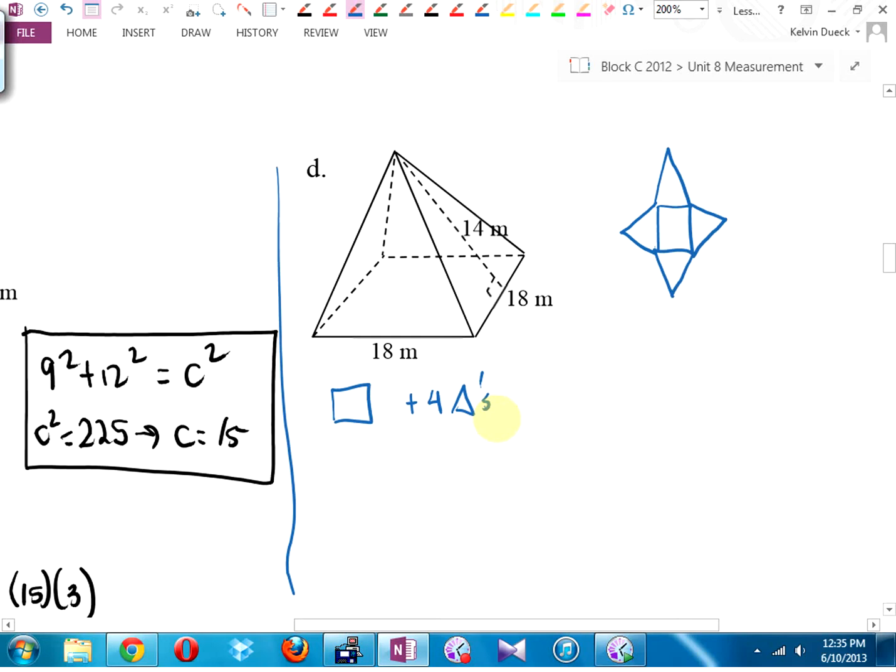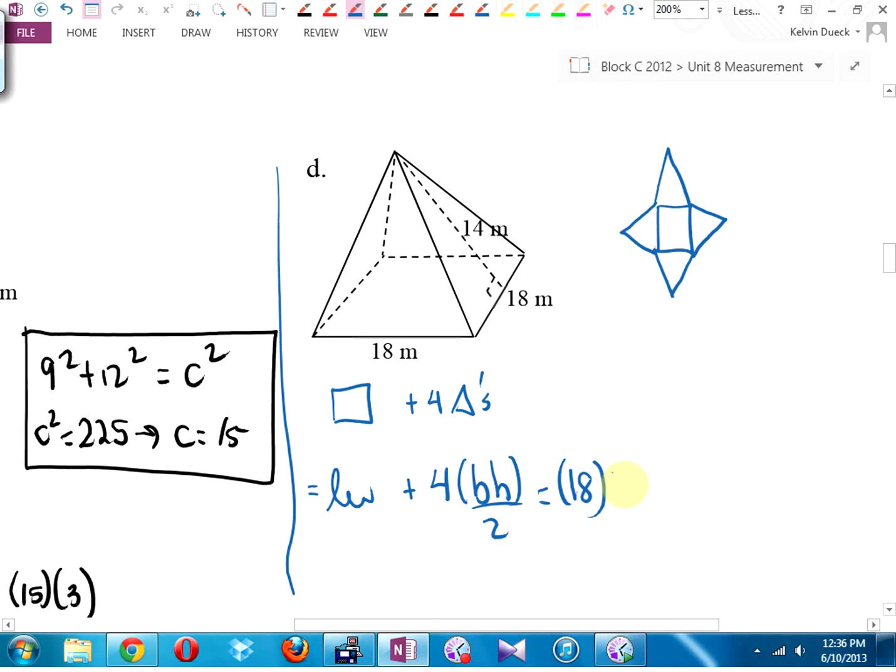All right. What's the area of a square or a rectangle? Length times width plus, we won't forget the 4 this time along. What's the area of a triangle? BH over 2. Base times height divided by 2. Okay. What's the length of this rectangle? 18.